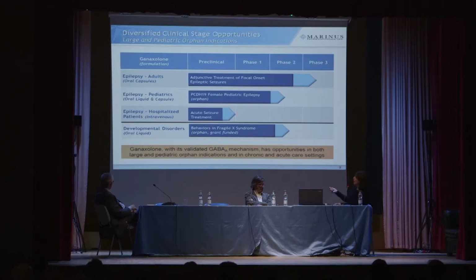So far, we have an active phase 3 program in adult patients. We have the study that we'll talk about more today, and we have an IV formulation, very similar to the allopregnanolone formulation, that we will be putting in the clinic in the first half of 2016.